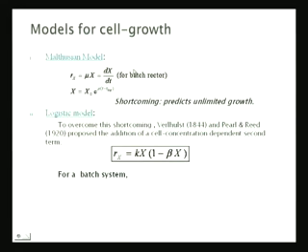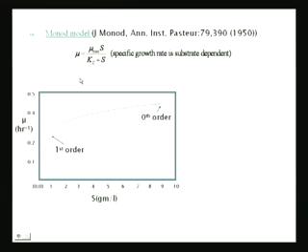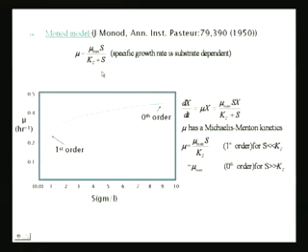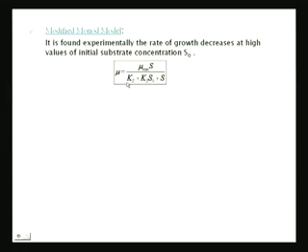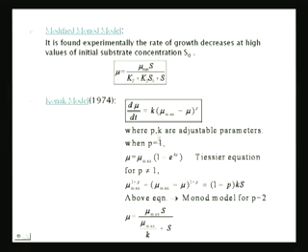This should be very clear in your head, and all we are doing is trying to figure out how mu is. So, the Monod model gives mu as mu max S over Ks plus S, the modified Monod model gives mu max S over Ks plus S plus Ks S naught, and the Konak model gives mu as the differential equation itself.